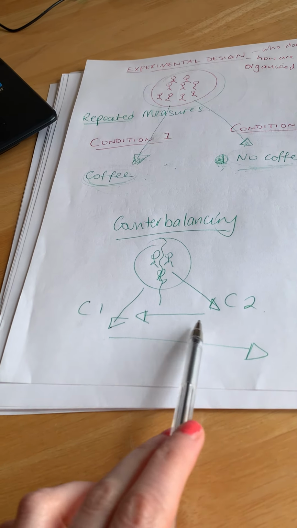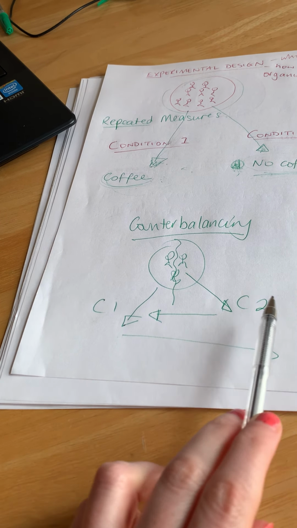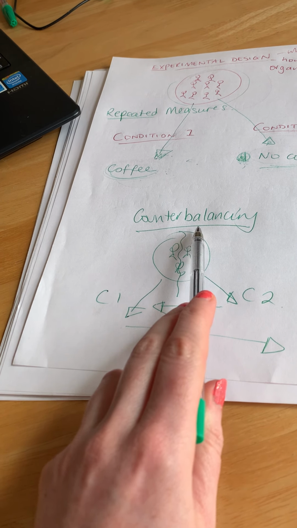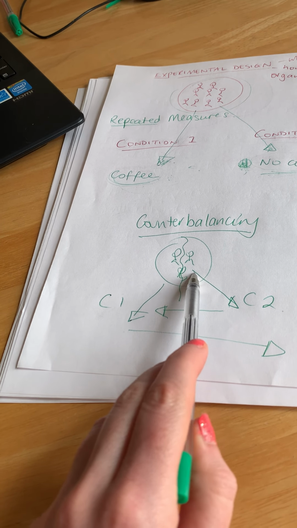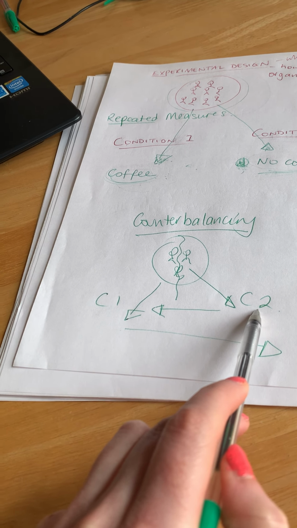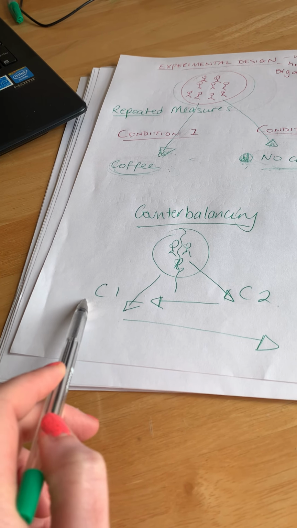You're still getting order effects, because the participants who start here may be tired by the time they get here. But the good thing with counterbalancing is that the other half of the participants will have started on this condition, and then they may have got tired by the time they got to condition 1.